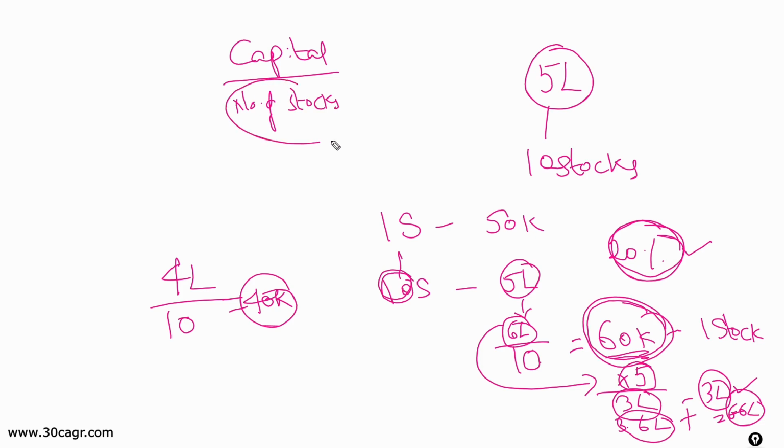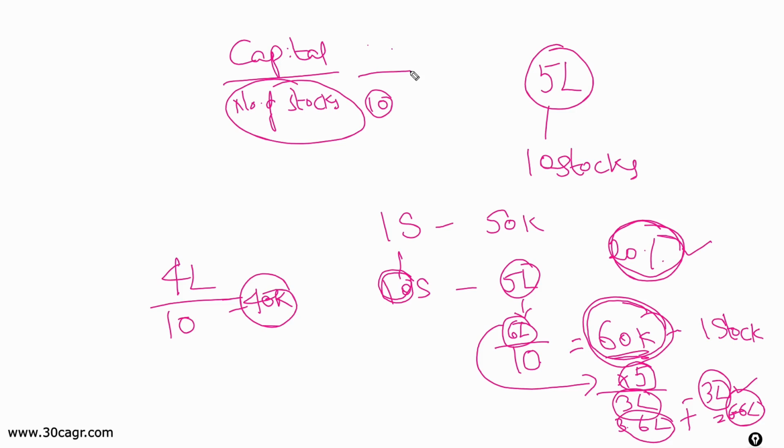Remember, this number of stocks is not the number of stocks that you get in that particular month, but the number of stocks that you decided to trade for the entire investment time frame. Generally, I put this as 10. I don't change this number. So if my capital is 10,000 or 1 lakh or 10 lakhs, my denominator doesn't change. Only my numerator keeps changing based on profits and losses that I got in my previous month.